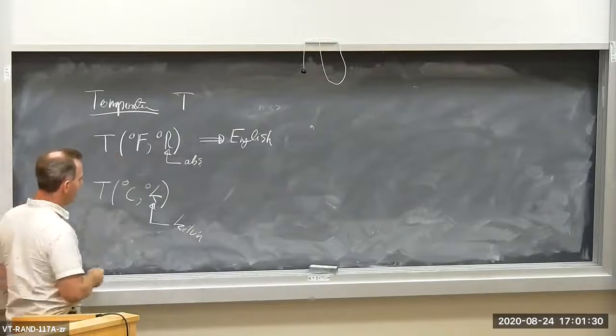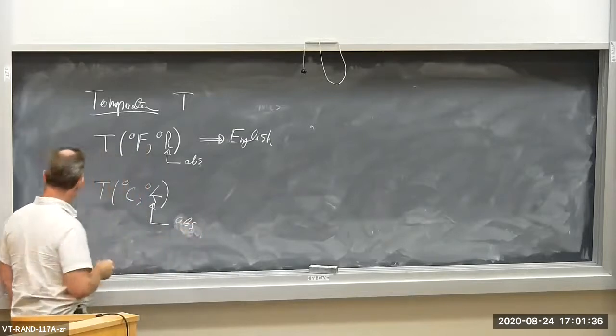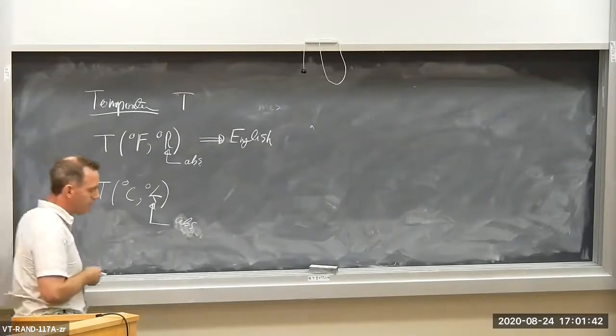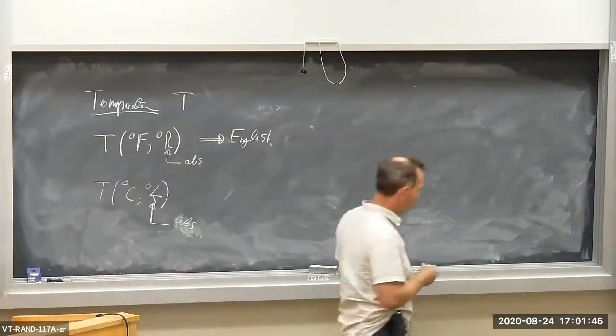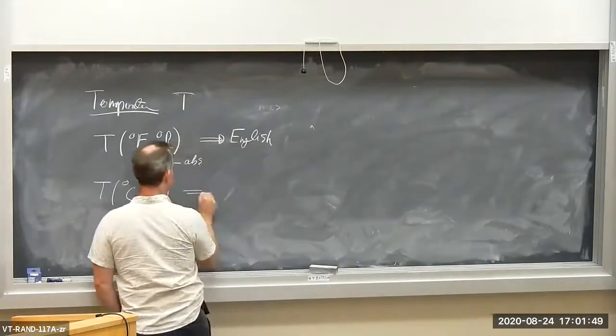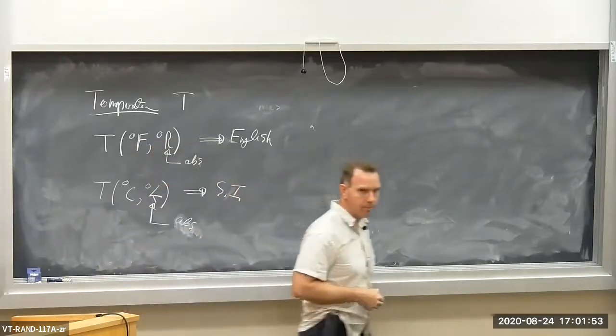Kelvin is absolute. Space is almost 0 degrees, like 2 or 3 degrees Kelvin. Basically 0, all right? And these are SI units. Metric, okay?